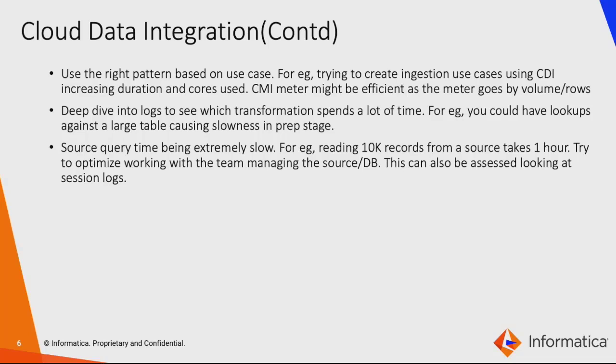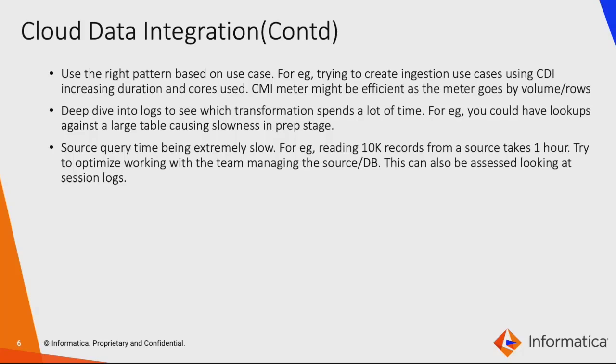So just for processing such a small delta volume, just because you have a very expensive lookup, the total duration of the job would be higher, and you would spend a lot of IPUs in such scenarios, right? So getting into the logs would give you deep drill down information on which transformation is actually using up a lot of time, right?